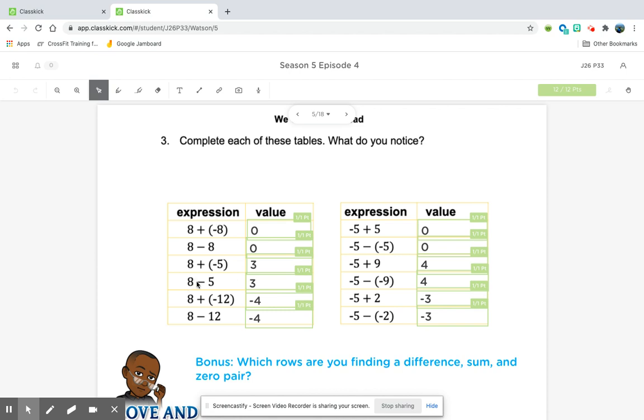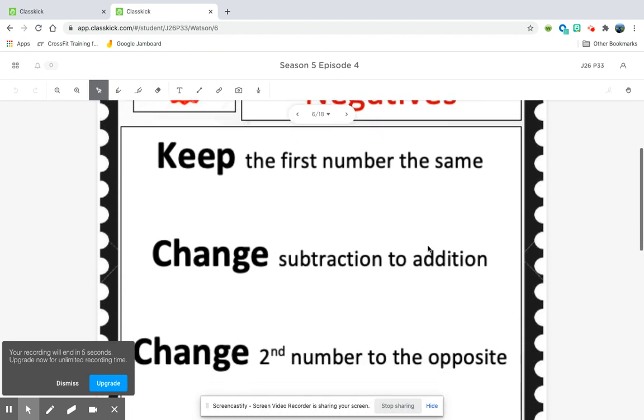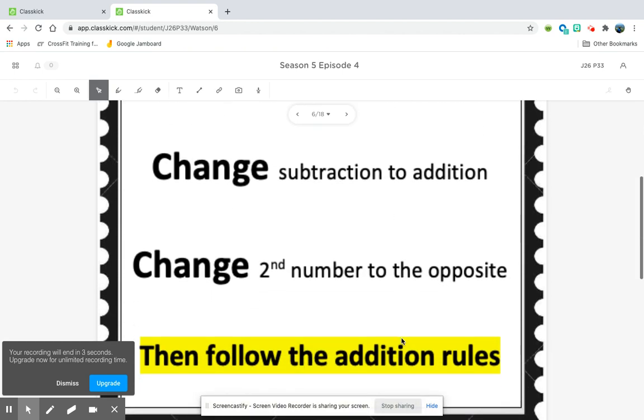Same with 8 minus 5. 8, keep it, plus, change it, -5, change to the opposite. 8 minus 12, 8, keep it, plus, change it, negative, change it, -12. 8 plus -12. So that is how we deal with subtracting negatives. Keep, change, and then follow your addition rule.